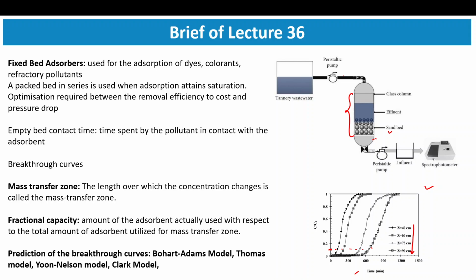Amongst these, we have discussed a few very common treatment technologies used in all industries, including coagulation, flocculation, equalization, sedimentation, and filtration. Since the last class, we have been talking about adsorption and its application in industries.